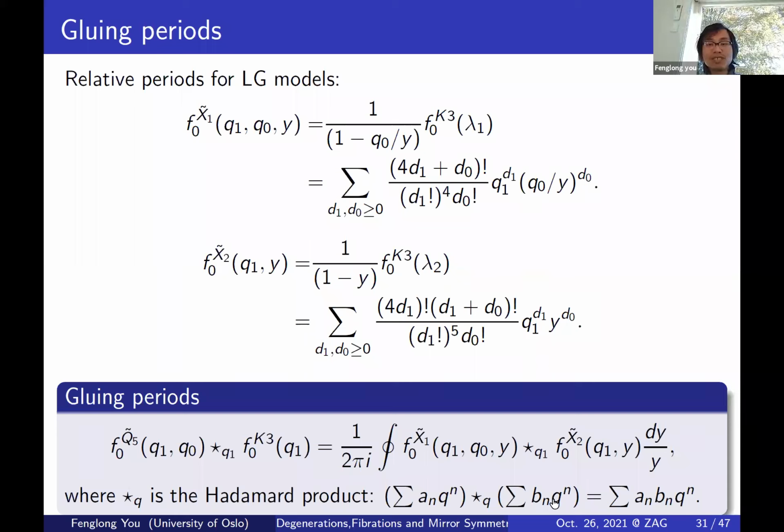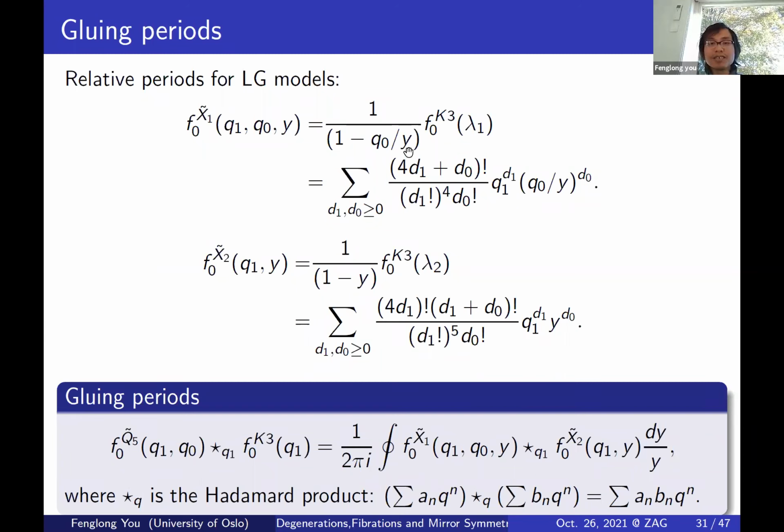If we have two series, the sum of a_n q^n and the sum of b_n q^n, then the Hadamard product takes the coefficients of the same power and multiplies them together to get another series. And it can be computed that we have this explicit relation.